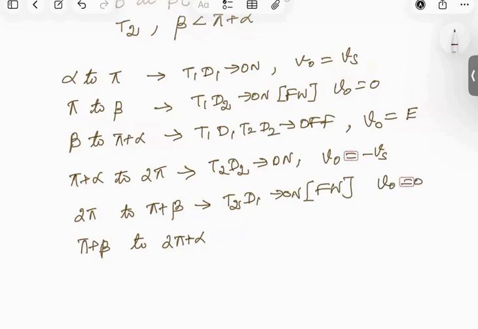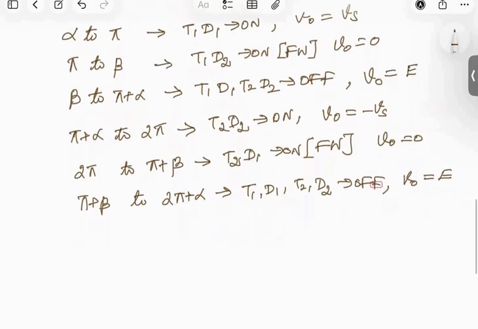From pi plus beta to 2 pi plus alpha, all the devices T1, D1, T2, D2 will be in off condition, which results in V0 equal to E. So these are all the different intervals that make V0 follow different values because of the conduction of different devices.